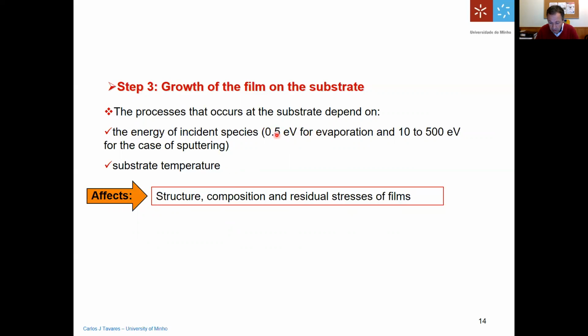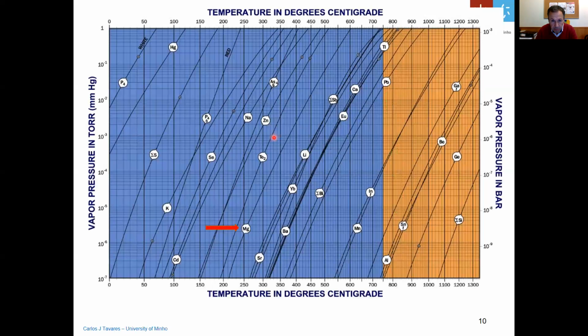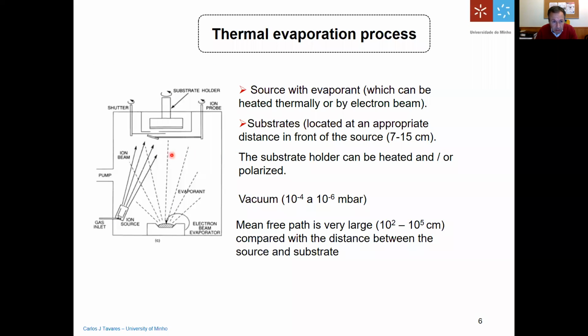This means that in the case of thermal evaporation, the atoms or molecules that hit the substrate have a very low energy, less than 1 electron volt, which is the charge times the voltage, okay? So it's the potential energy, or Coulomb potential energy. It's a charge times the voltage, and so it's less than 1 electron volt.